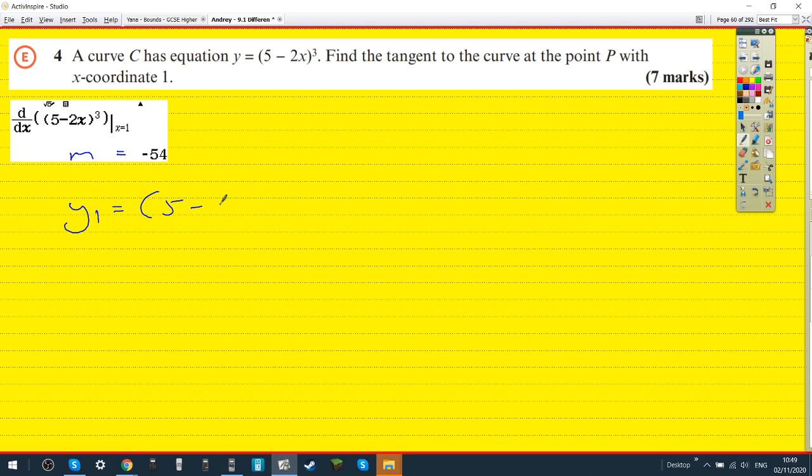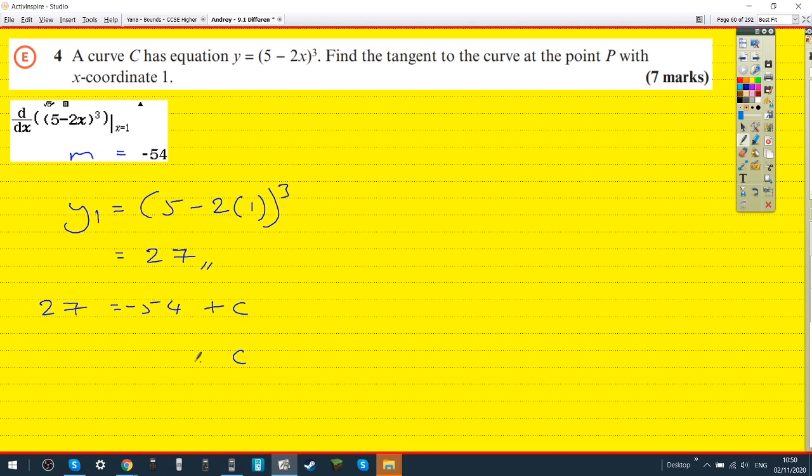And so, do I sub that into my calculator? Yep. I think it'd be 27. Yeah, 27. So we now have 27 equals minus 54 plus c. Yep.